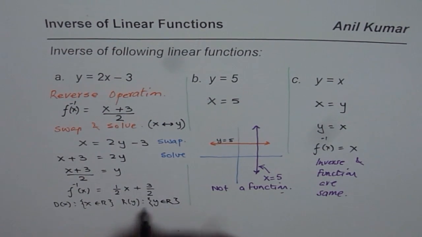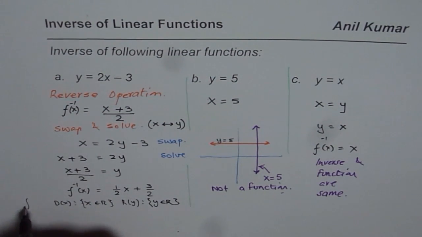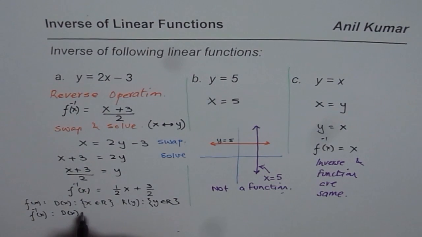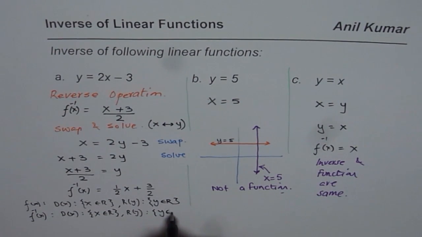So this is for the function, right? This is for f of x. And for f inverse of x, we notice that the domain and range are still the same, right? X is also real numbers and the range is also all real numbers, correct?